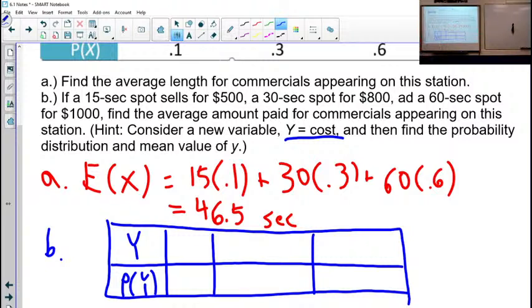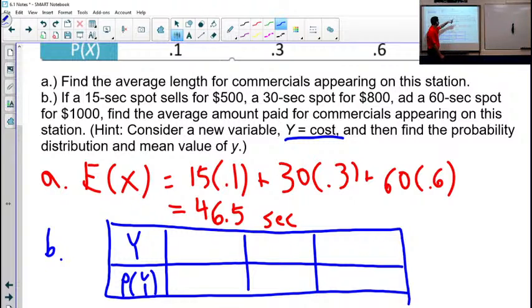So let me divide that better. What are the choices for our variable y? What are the values that we could have here?